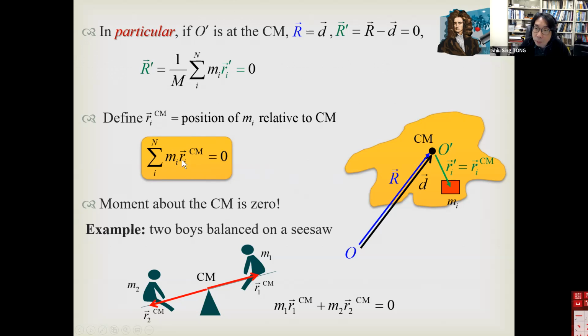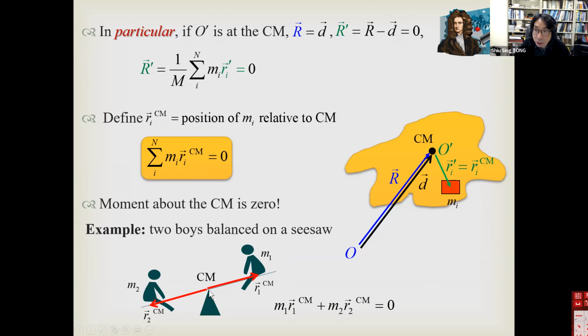Actually, this formula looks a little bit abstract, but I can let you see the meaning of this formula with a simple example. Now let's look at two boys balanced on a seesaw. The two boys may have different weights. Suppose the mass of the first boy is M1, the mass of the second boy is M2. If they are able to balance at the pivot of the seesaw, then the center of mass must be at the pivot point, right?